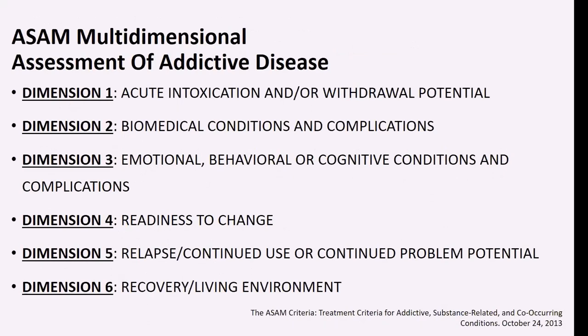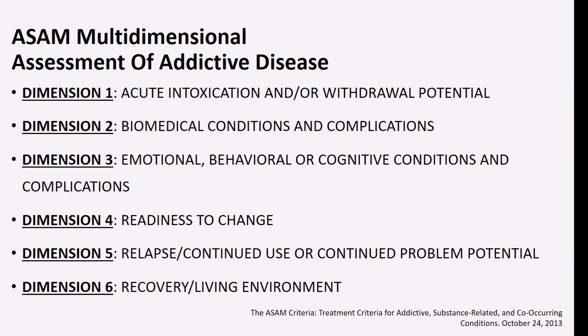Okay, so you need to look at these folks on a deeper dive. They screen positive and they're coming in for an assessment. If you were on the front line wanting to take care of them, you've got to look at 6 areas, 6 dimensions. These are the American Society of Addiction Medicine multidimensional assessment of addictive disease.